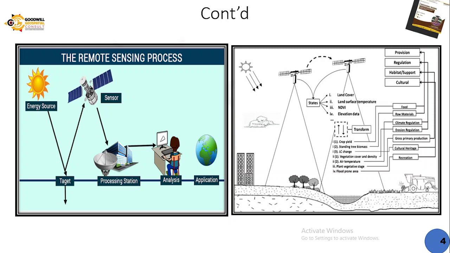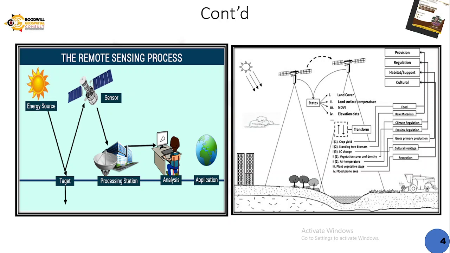Now, a proportion of these reflected radiations goes back to the sensor to be recorded. You should know that the radiations that get to the sensor are what we call the emitted radiations. It's what gets to the sensor to be recorded, the emitted radiations.